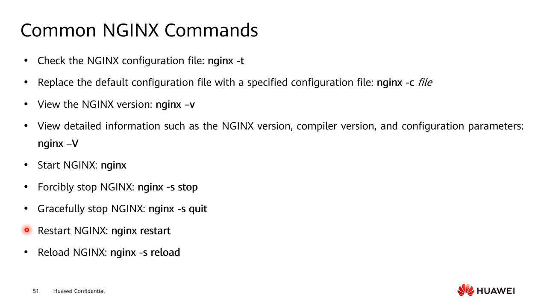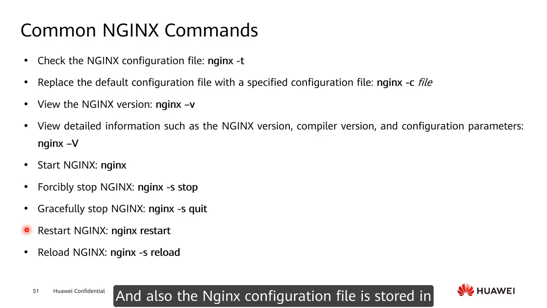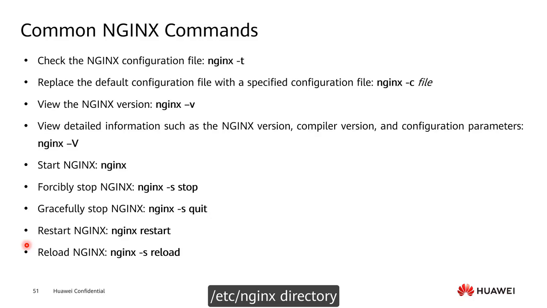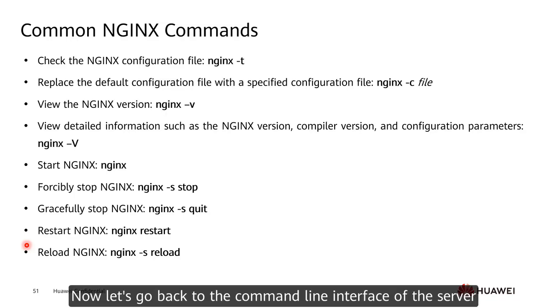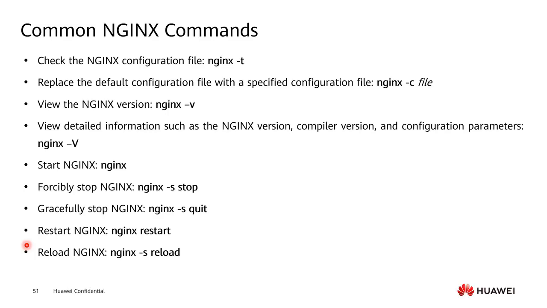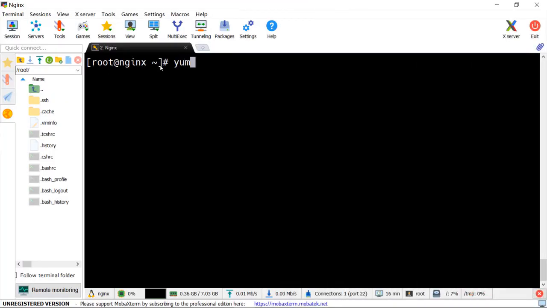And also, the Nginx configuration file is stored in the /etc/nginx directory. So you can view the directory after the tree command is installed. Now let's go back to the command line interface of the server. First we install tree.